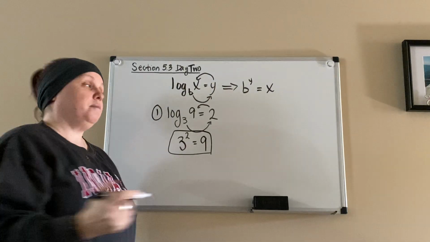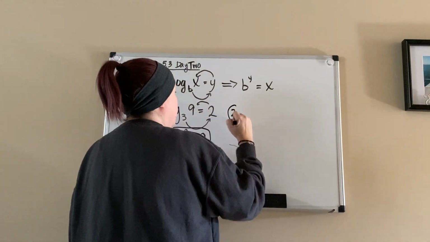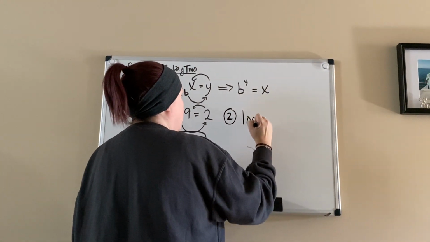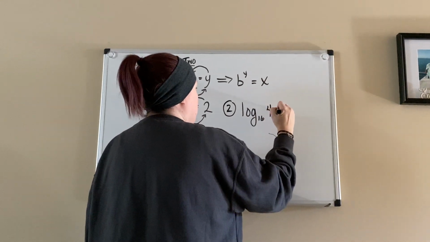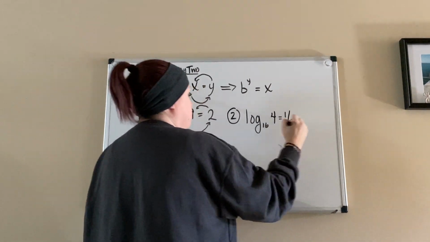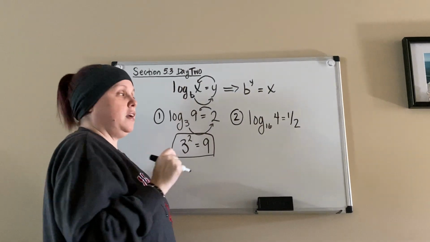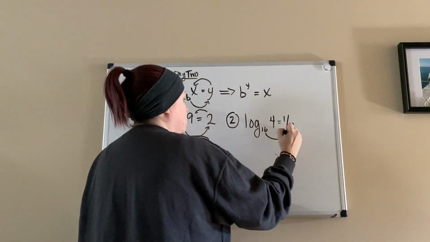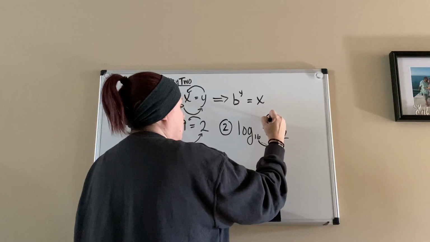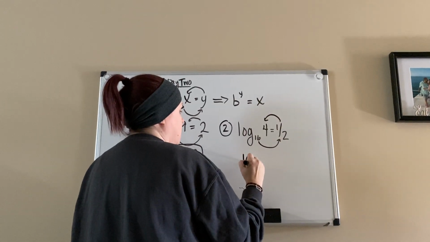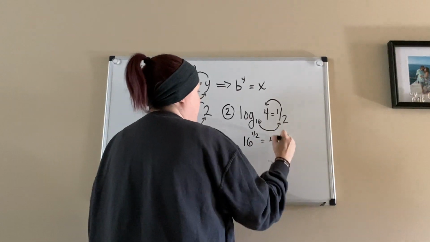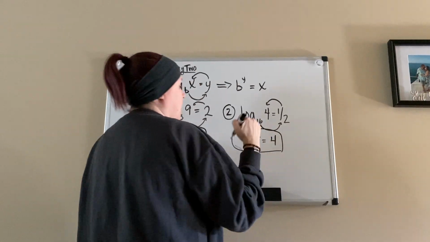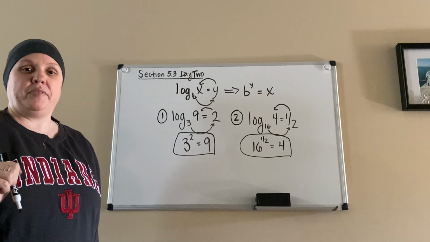So let's do it again. If I gave you log base 16 of 4 equals 1/2, we do the same thing. Go around the circle. We have 16 to the 1/2 equals 4. And that is the logarithm in exponential form.